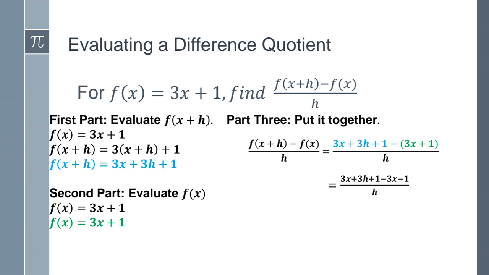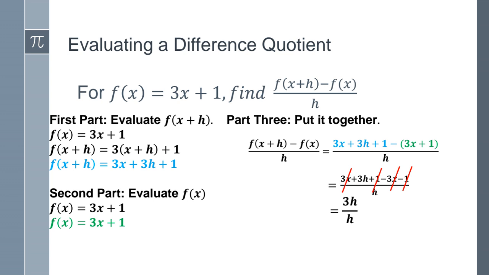I see that 3x minus 3x will eliminate, become 0. And then I also can combine my constants. I have a plus 1 with a minus 1. So 1 minus 1 is 0. That got eliminated. So I'm only left with the 3h divided by h. And I can see that this h divided by this h becomes 1. So my final answer is just 3.